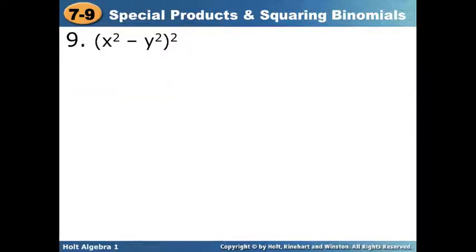Example number 9. You may choose to use either the distributive property or the rule for squaring the binomials. Pause the video at this time to practice on your own. Let's check our answers. If you chose to do the distributive property, I'll show that work first.